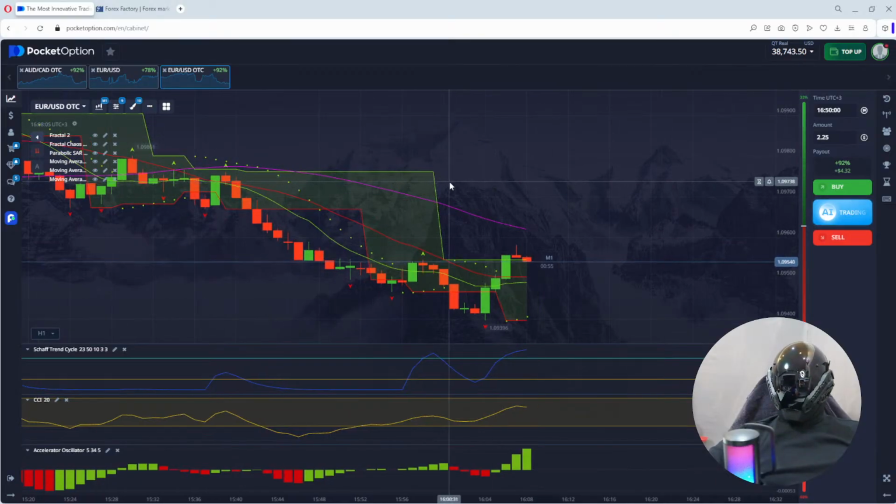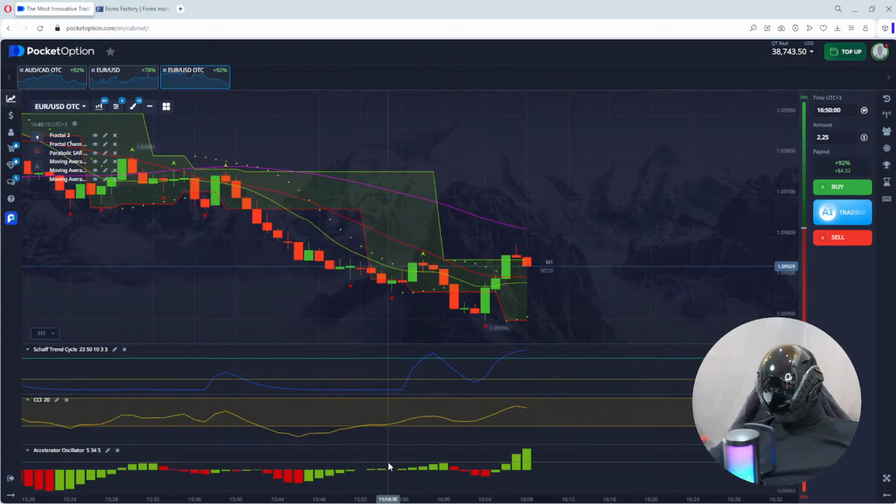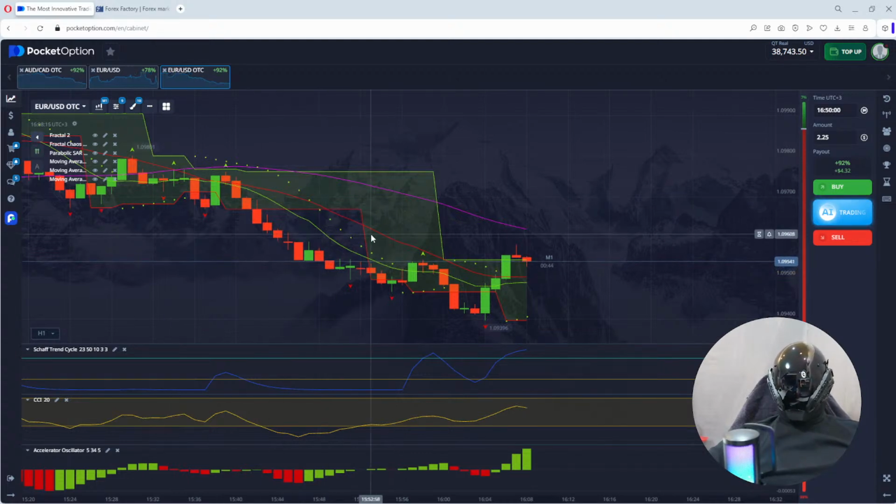It never really means that if all of them align and give you a signal that there's going to be a particular probability of an action, it's 100%.